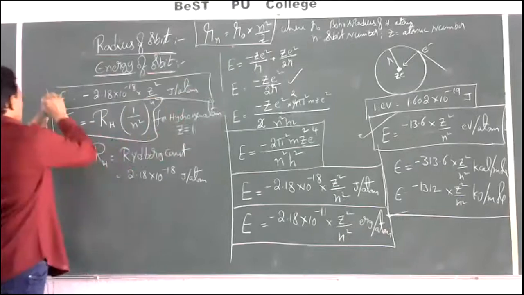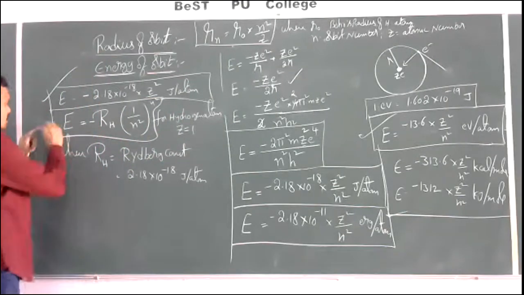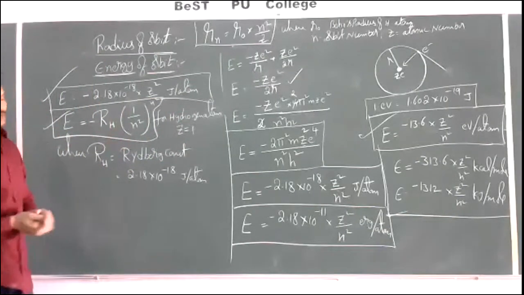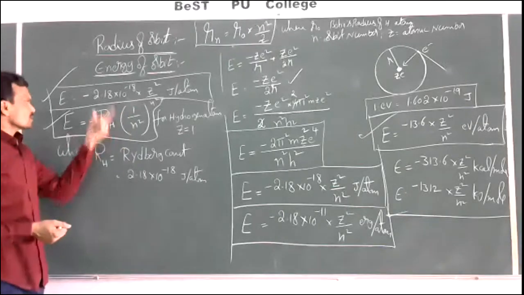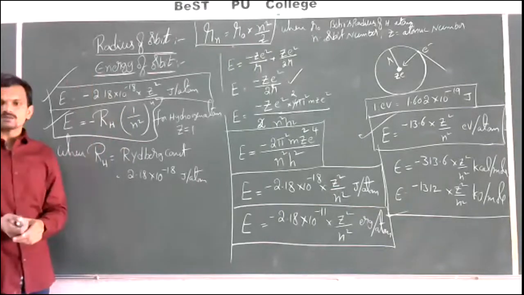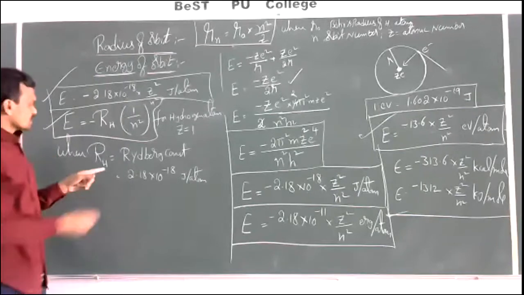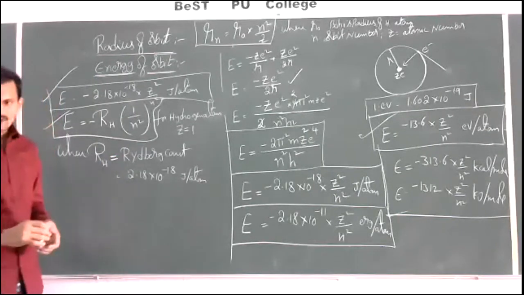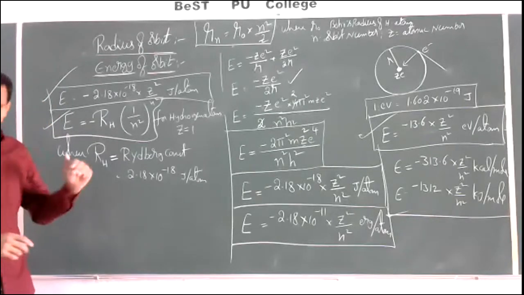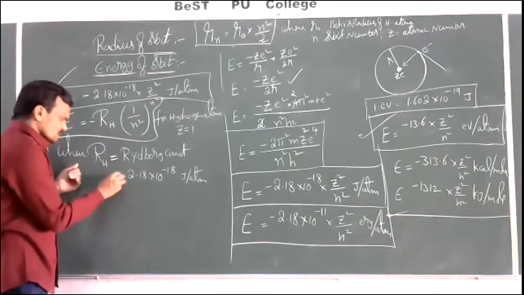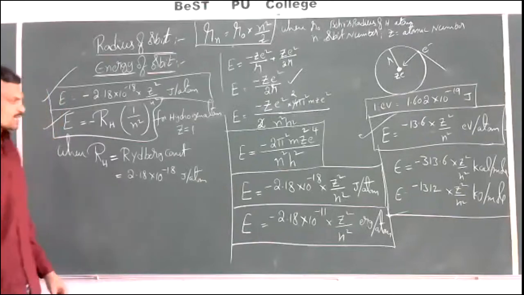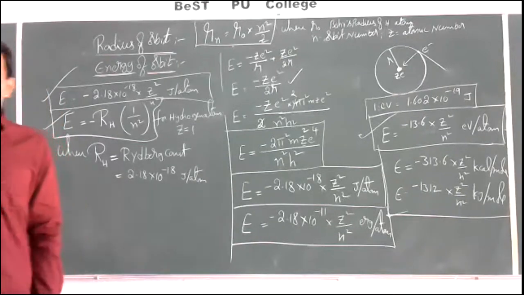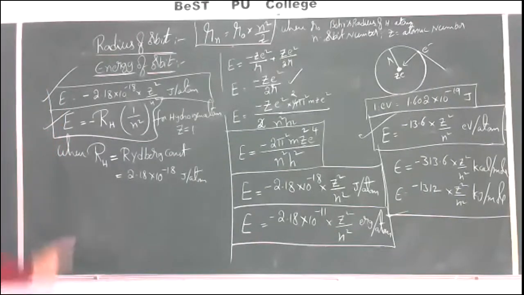So this is applicable for hydrogen-like species, and this is applicable only for hydrogen. Here RH is nothing but 2.18 into 10 to the power of minus 18. That is called a Rydberg constant, or simply called Rydberg, which is 2.18 into 10 to the power of minus 18 joules per atom.